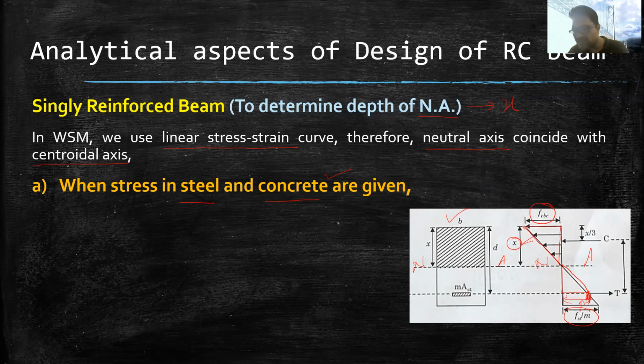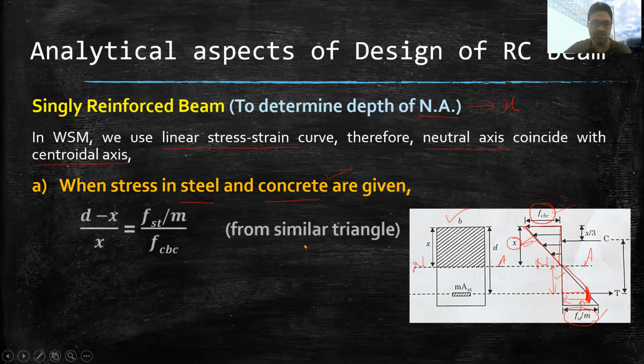The diagram is a little wrong, so the value fst by m is up to this value. These two triangles are similar triangles, so the ratio of sides will be the same as the ratio of fst by m to fcbc. The same ratio we will use here.